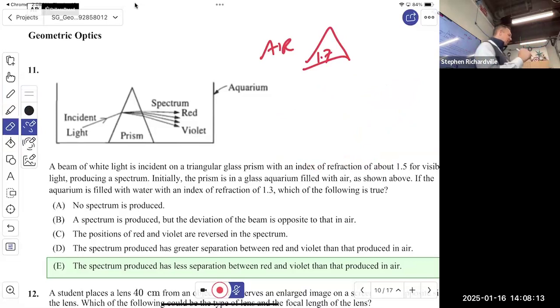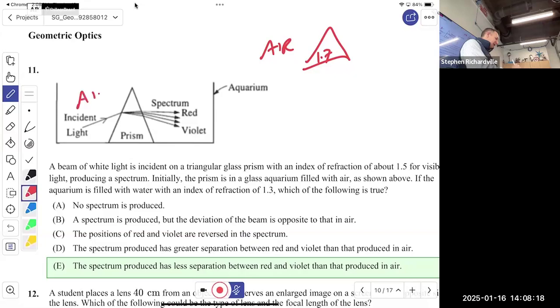The prism is a glass aquarium. So initially this is air. This is always whatever acrylics say. Actually, it tells us an N value of 1. So air is 1 and this is 1.5 initially. Then all it does is say, hey, look, the prism is still 1.5.